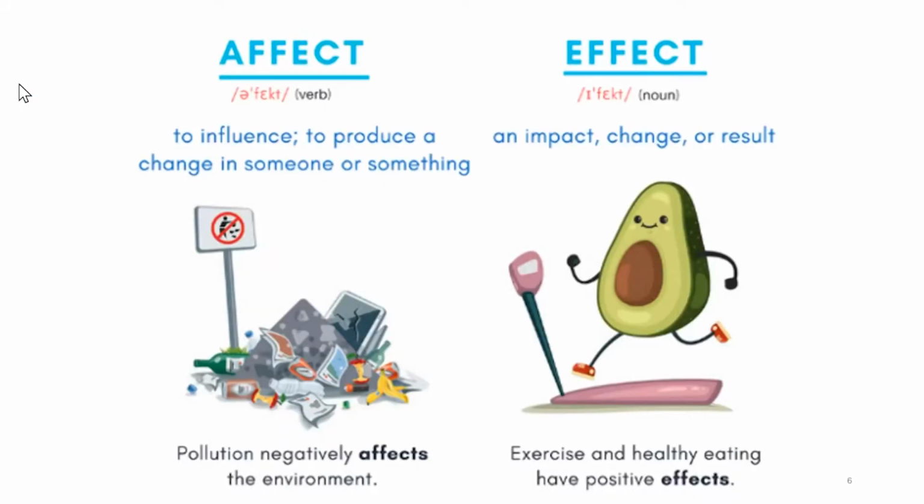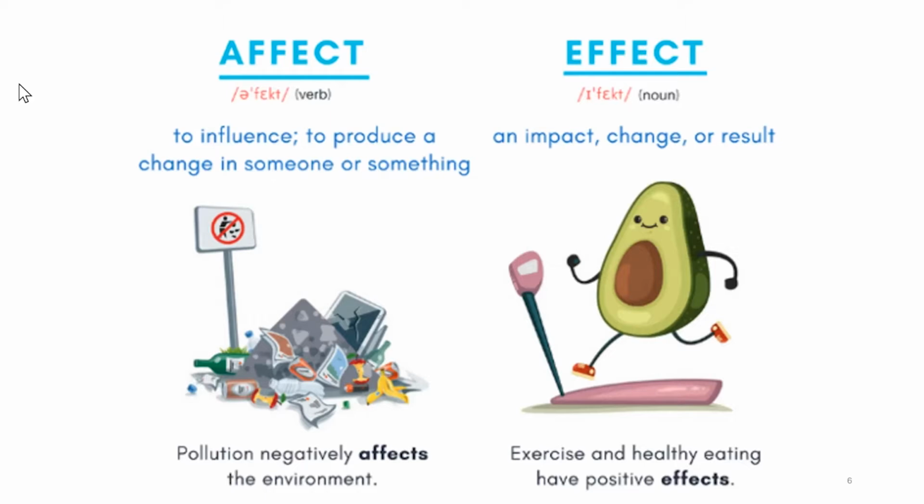Now, affective again means to influence or to produce a change in something or someone. Like in this little cartoon example, it shows pollution negatively affecting the environment. It almost suggests that the environment is a living thing and that pollution has affected its mood, its being, its emotions, and its representation.